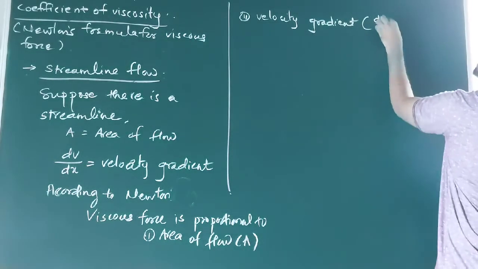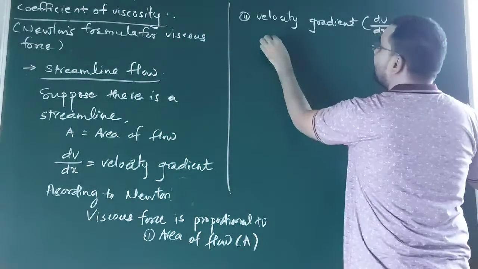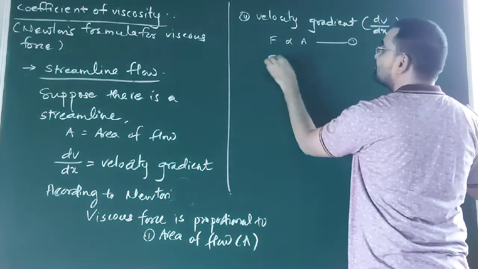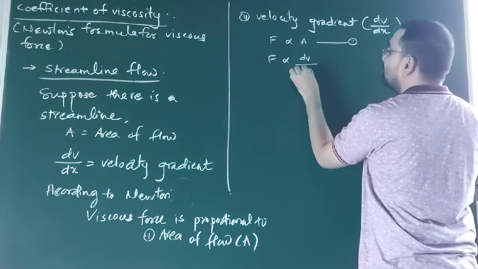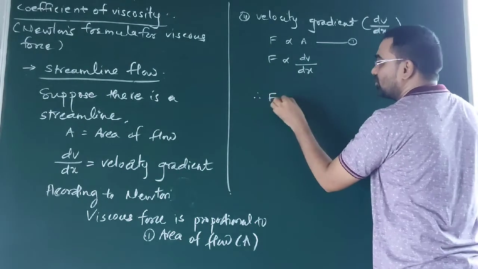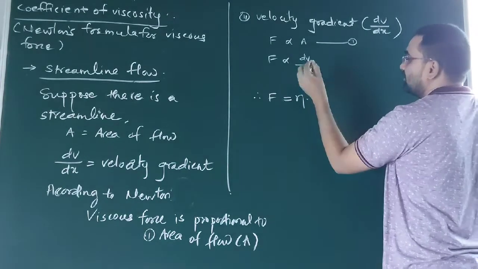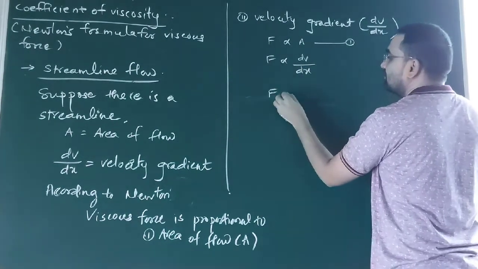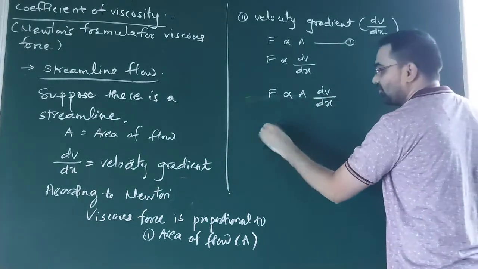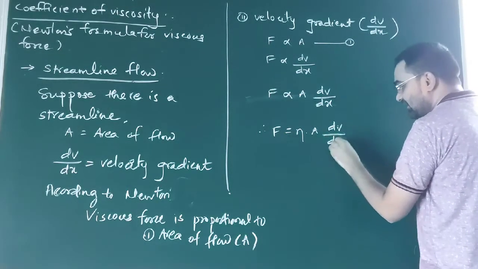If dV by dx is the velocity gradient, then viscous force F is directly proportional to area, and the same viscous force F is directly proportional to velocity gradient dV upon dx. Therefore F is directly proportional to A into dV by dx. Therefore F equals eta times A into dV by dx.